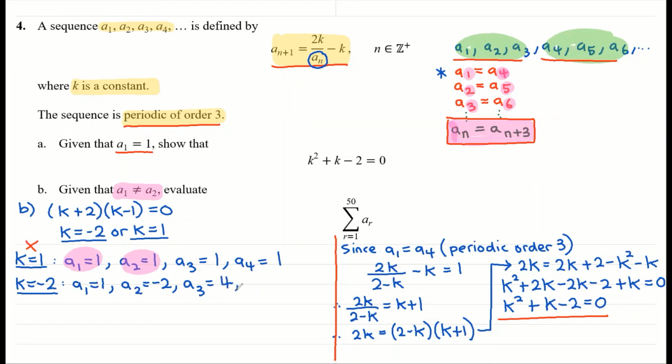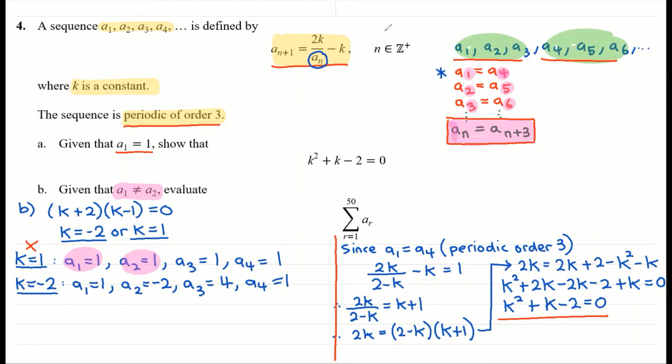Okay, and we know because this is periodic of order 3, that A4, no matter what I get when I sub in the k value, I don't even have to think about that. Doesn't matter. I know it's going to be 1. So that's our sequence.